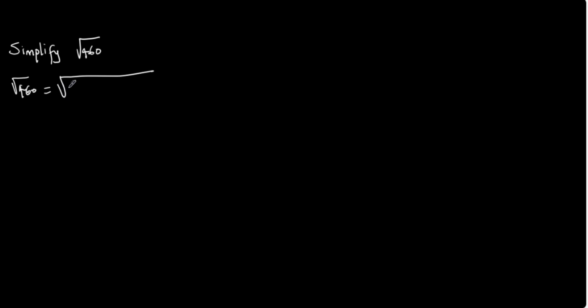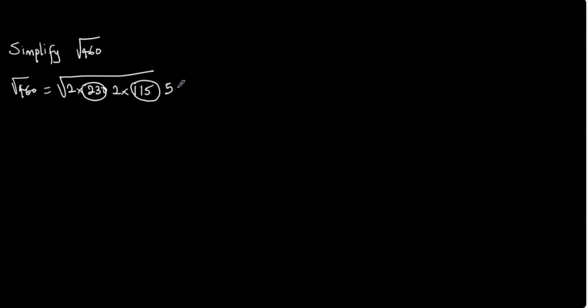so 460 is the same thing as 2 times 230, right? Now, 230 is also the same thing as 2 times 115, right? So now, 115 is the same thing as, 3 can't go, right? So 5 will go.